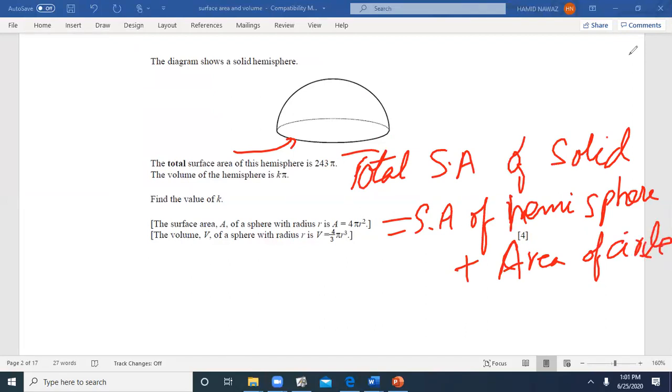Okay beta, did you understand the total? Now it's a very lengthy question. It's a 4-mark question. First of all, basically, it is given in the form of pi. So the volume of hemisphere is k pi. You are supposed to find out the value of k.